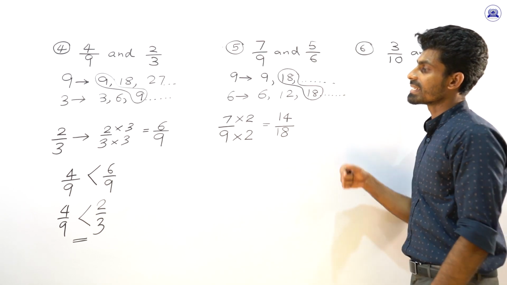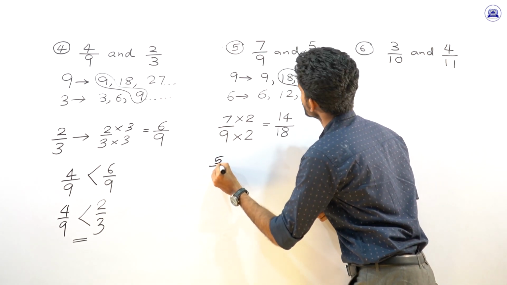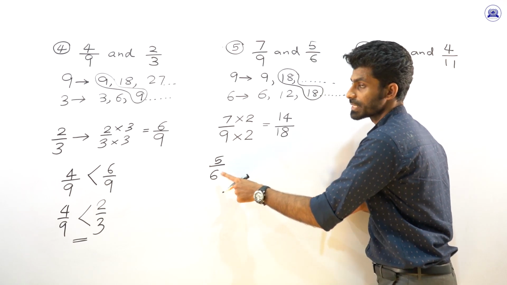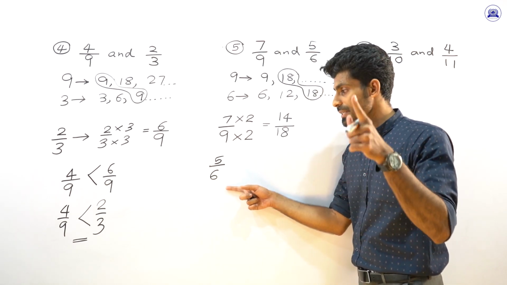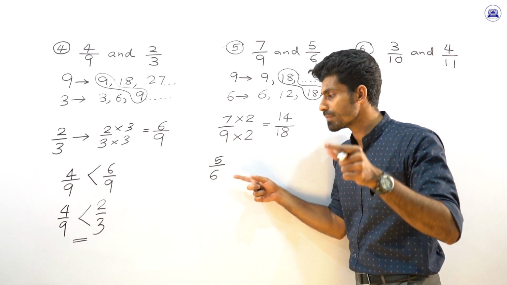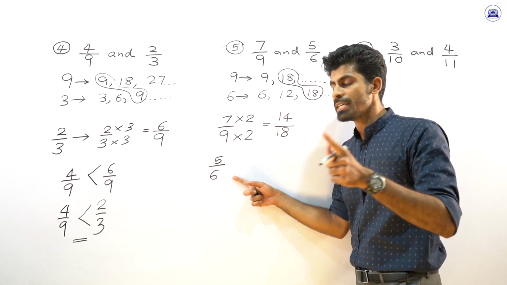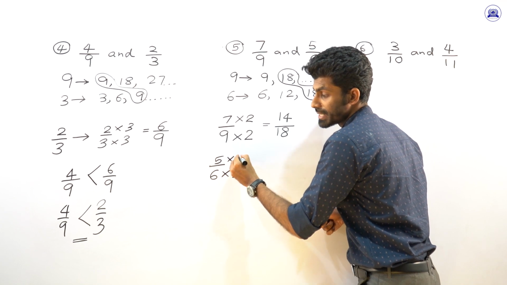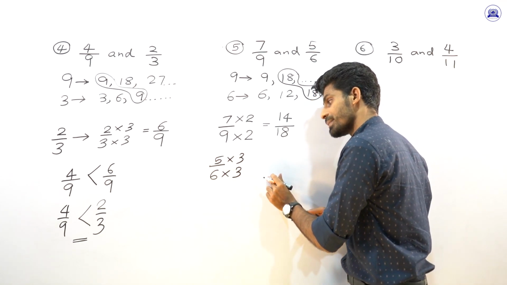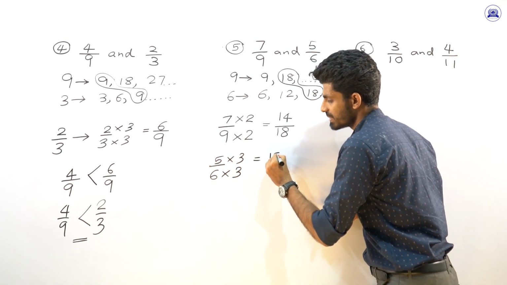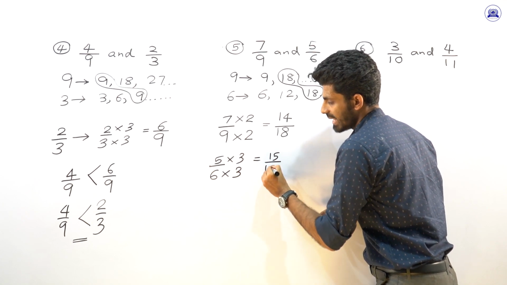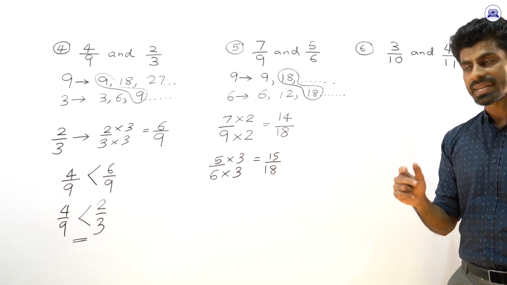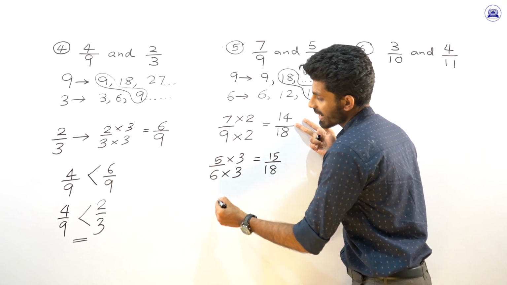Now I'm taking the fraction 5 over 6. 6, you need to create 18, an equivalent fraction with denominator equal to 18. So you need to multiply by 3. For the numerator also you need to multiply by 3. 5 into 3, 15. 6 into 3, 18. Right? Very easy.